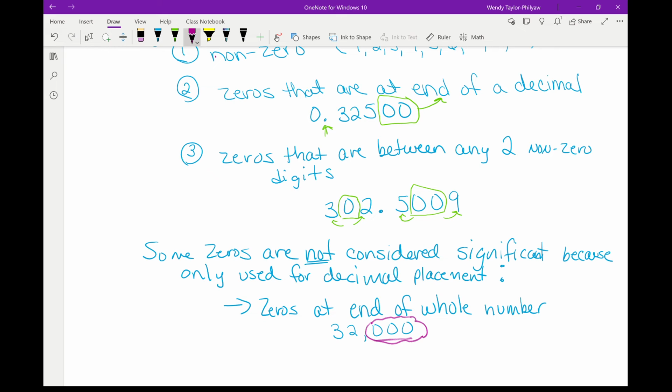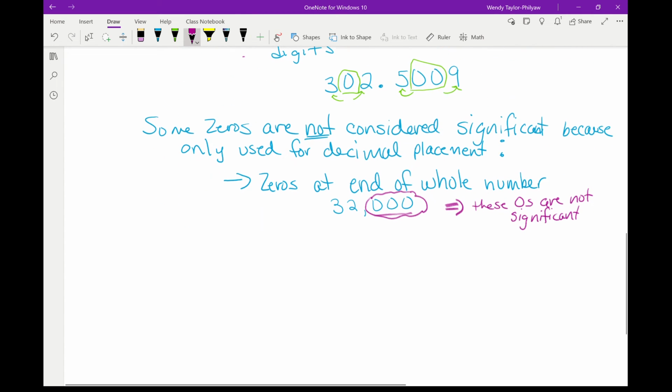They don't go in any of these three categories we already mentioned, so that means these zeros are not significant. Now, that doesn't mean we don't need them, but they're just not considered to be significant digits.